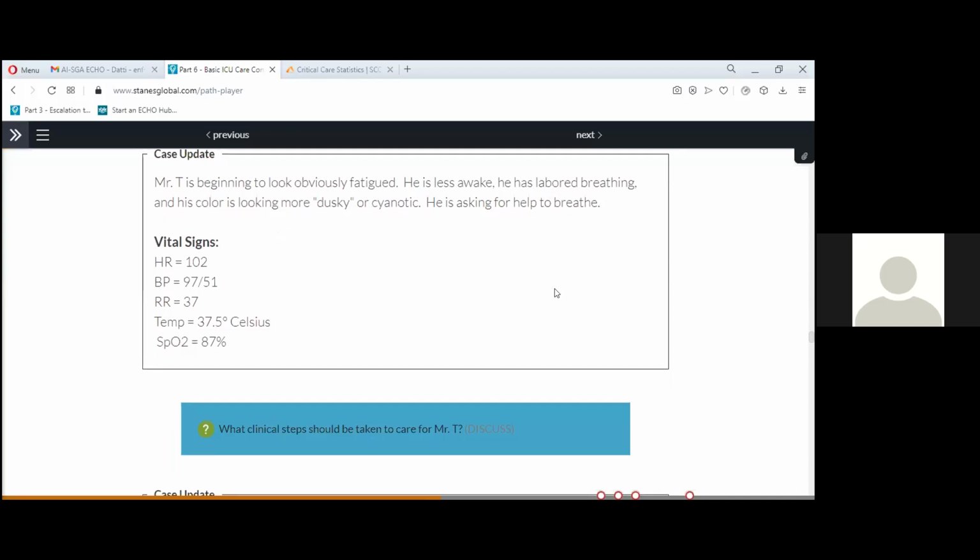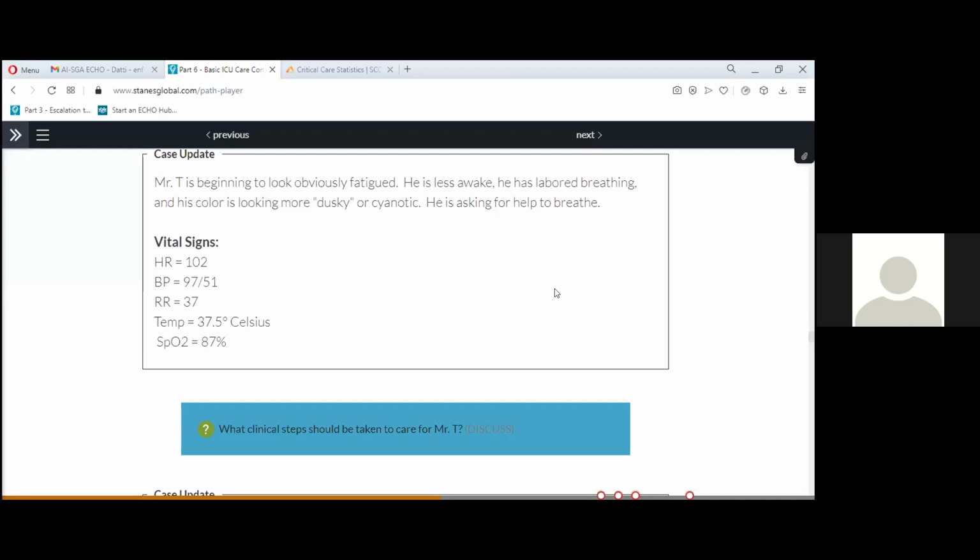So for Mr. T, we need to intervene. Yes, we have invasive mechanical ventilation, intubate and place on SIMV mode. Thank you. Because he's fatigued and less awake, we would have escalated to using non-invasive ventilation, but he's less awake, so he'll probably not cooperate with it, or probably not have an improvement.